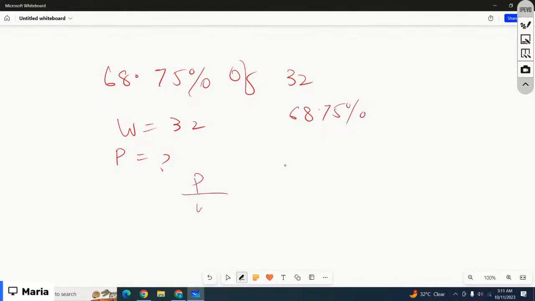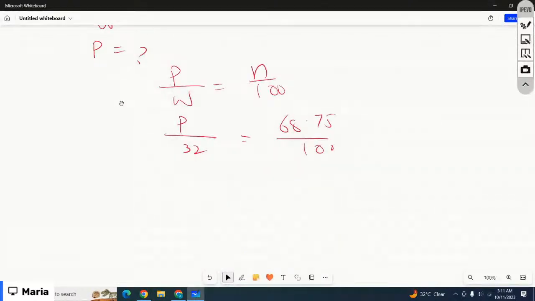It would be part divided by whole equals n divided by 100. So part is the value you have to calculate, whole is 32, and n is 68.75 divided by 100. Right, let's just cross multiply 32 to the other side. So it would be P equals 32 times 68.75 divided by 100.